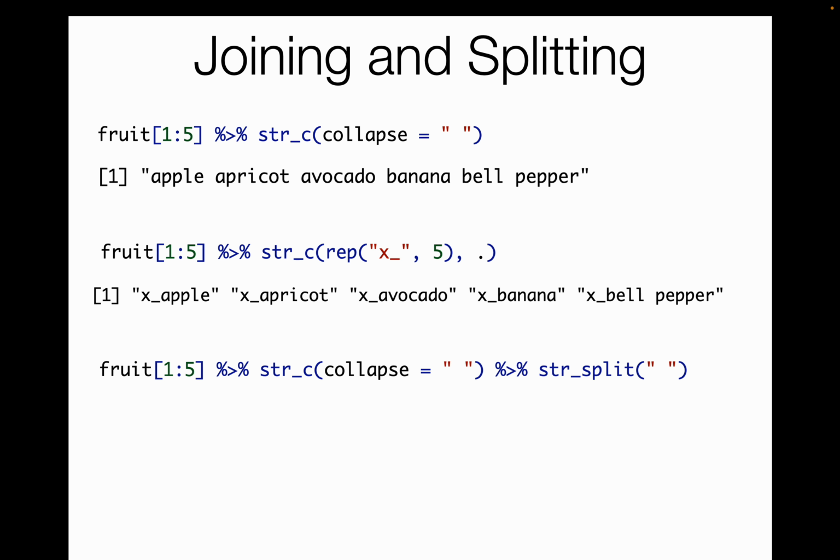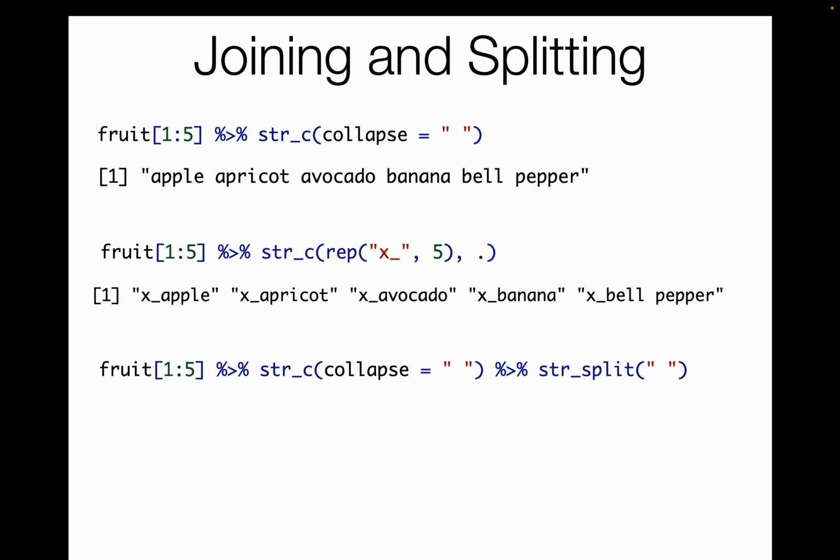Base R has something like this called paste. You'll see that if you search, you'll see a lot of different functions that do this in base R. Two of them are paste and paste0.